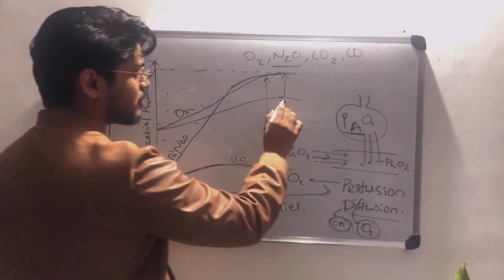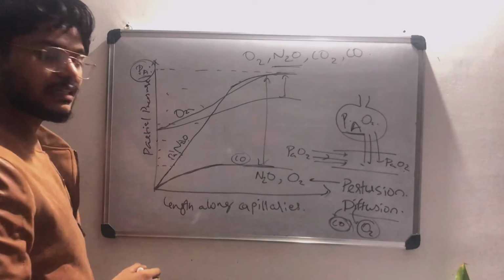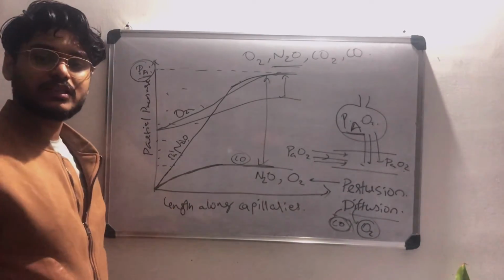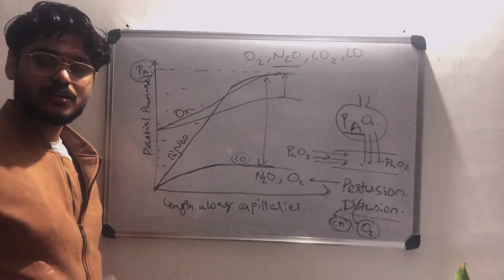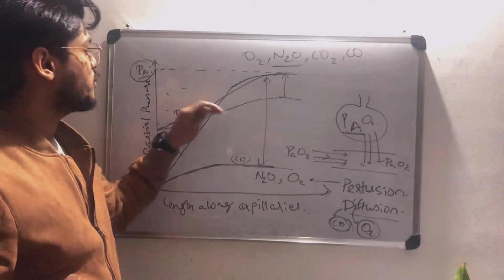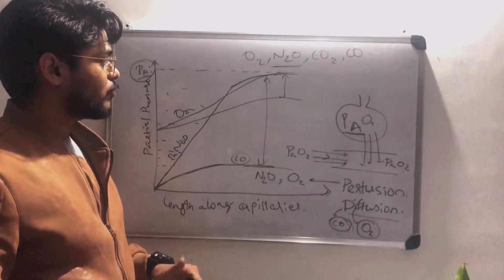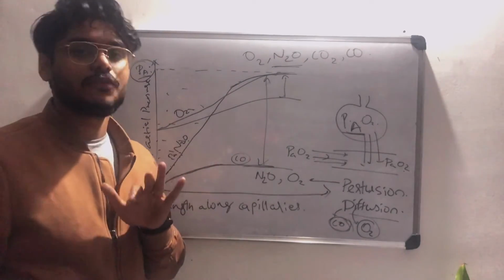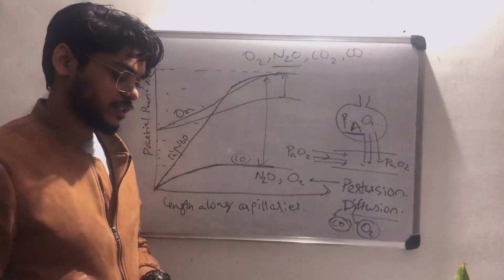Understood? Because it becomes diffusion limited. When is this condition happening? When there are some pathological conditions like emphysema, fibrosis or anything. Some pathological condition is not allowing this oxygen to reach the alveolar partial pressure, because it becomes diffusion limited. I hope you understand.